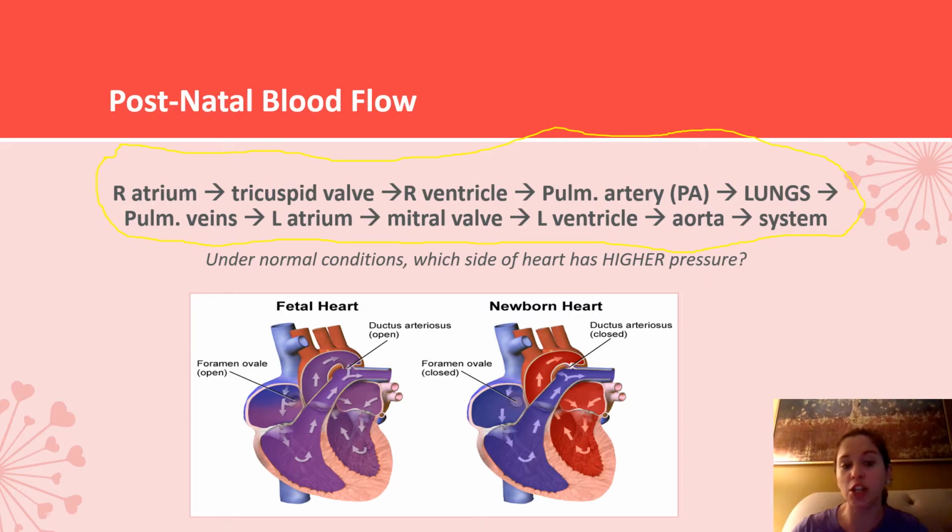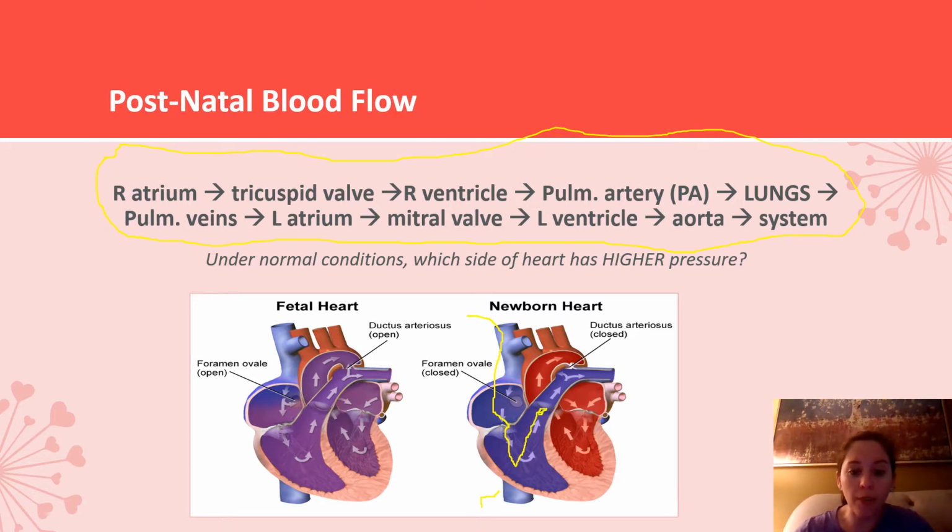So I would make sure you know this information like the back of your hand, because knowing the normal flow of blood through a normal heart is going to be key to understanding congenital heart defects and how they work. So remember, blood flows up into the superior and inferior vena cava, down into the right atrium, through the tricuspid valve, down into the right ventricle, into the pulmonary artery, and gets into the lungs.